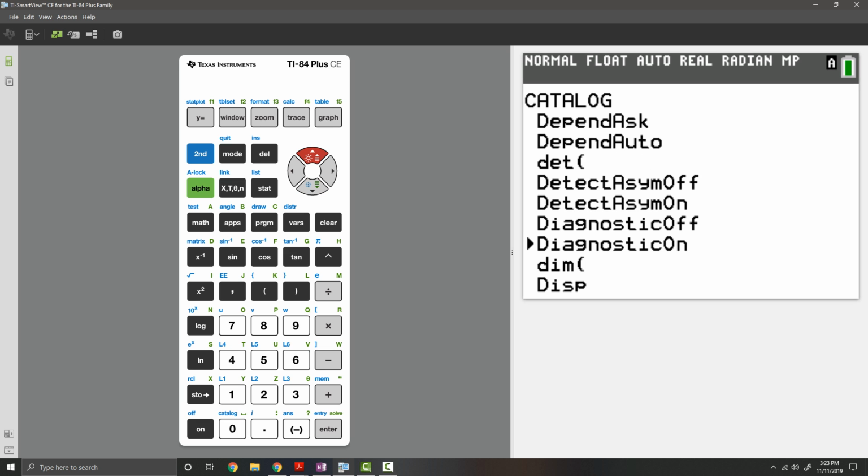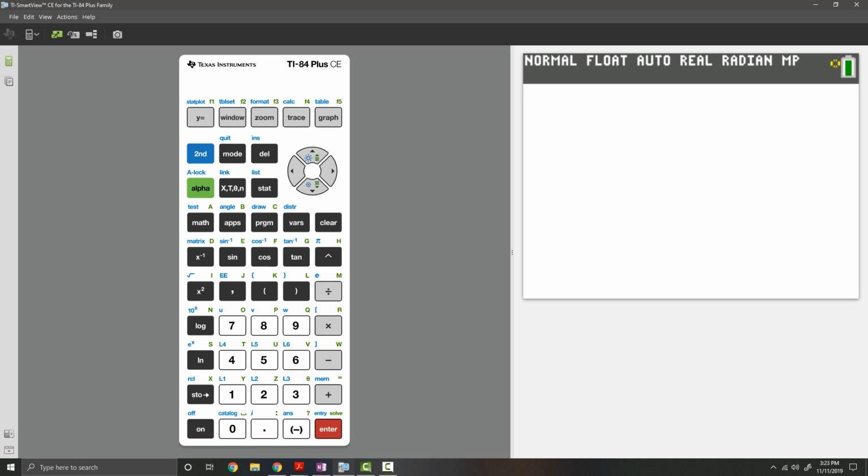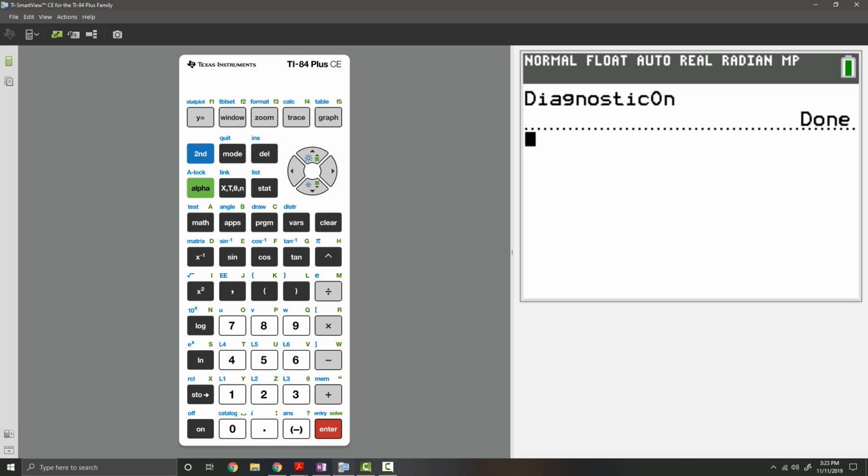You hit enter, and enter again, and then it should say done, right? By default, your calculator doesn't show you the correlation coefficient value, so you have to turn that on, and you only have to do it once. Then it'll always stay on.